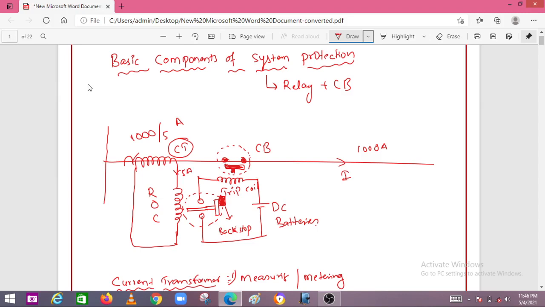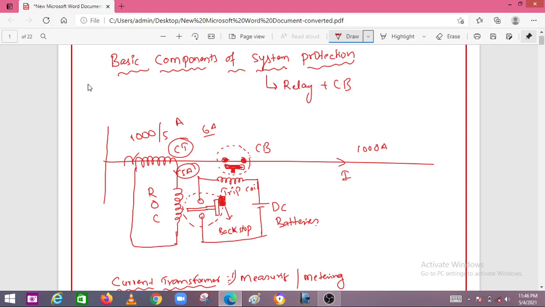If any fault current, for your clear understanding, I am taking 6 ampere as the fault current. I am setting my relay operating coil such that if the current flowing through this relay operating coil is more than 5 amperes, it has to be magnetized and it has to attract the plunger, so that the plunger has to move in this direction.